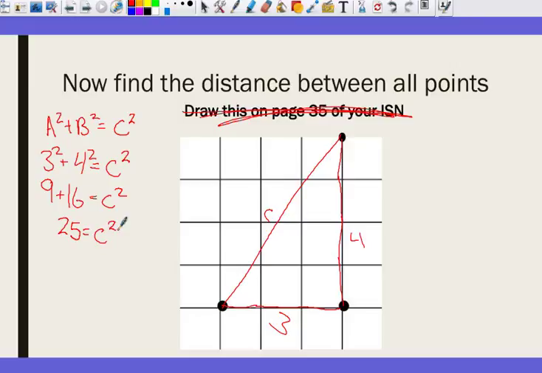Did I ask you for C squared, or am I looking for C? So we need to take the square root of both sides. Square root of 25 is? Square root of C squared is? C. So 5 is equal to C. So we know the measurement from here to here.